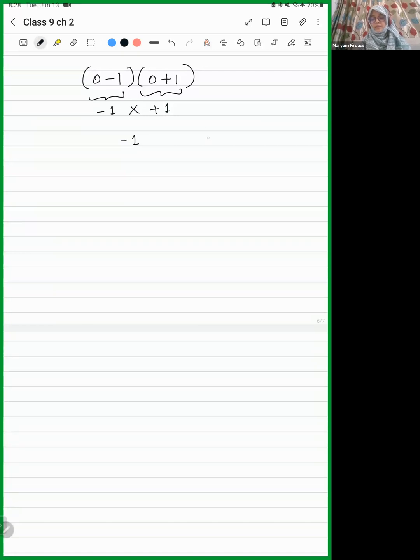So you did x square minus 1 square, which is 0 square minus 1, which is again minus 1. Right. See, it doesn't matter which method you use. In math, you're always going to get the same answer. If you use an identity, a formula, or you don't use it, if your answer is correct, it should be the same.